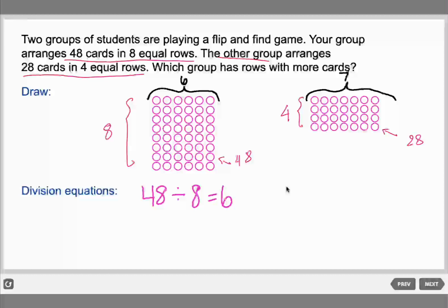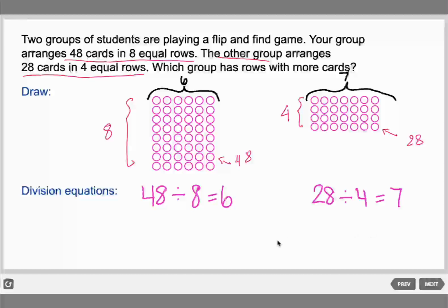Yes, teacher. Okay, Ahmed, go ahead. The division: 28 divided by 4 equals? 7. Excellent. Thank you, Ahmed. Great work.